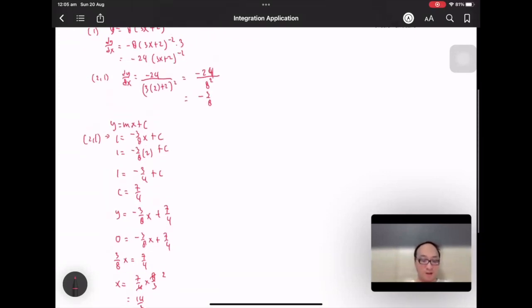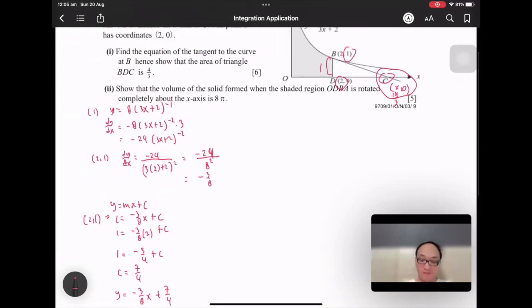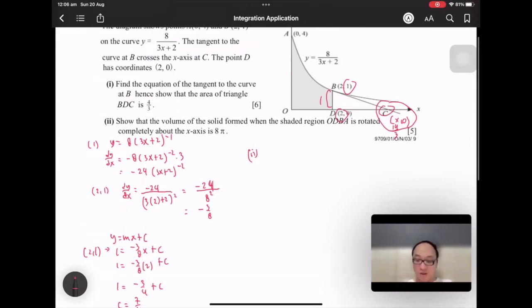That's for part I. And for part II, show that the volume of the solid formed when the shaded region is rotated completely about the x-axis is equal to 8 pi. So we will find the volume.